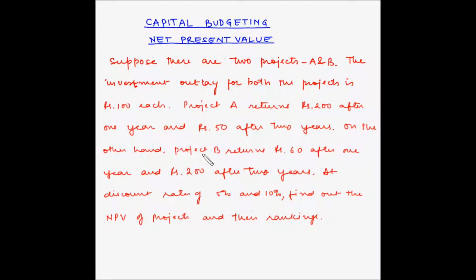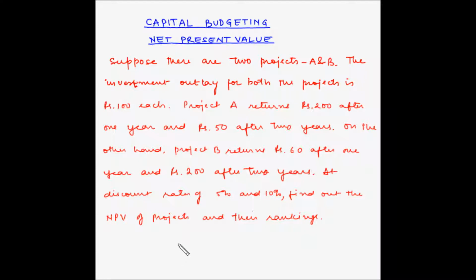On the other hand, project B returns rupees 60 after 1 year and rupees 200 after 2 years. At discount rates of 5% and 10%, find out the NPV of projects and their rankings.